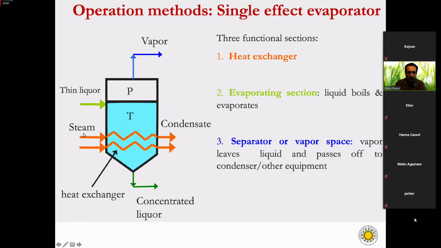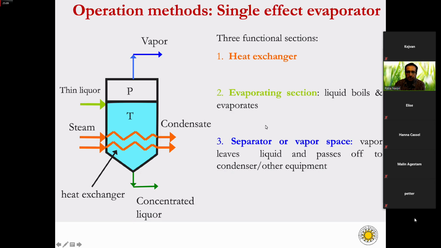And the steam, we use it at different pressures or different temperatures, and the steam condenses within the heat exchanger inside the evaporator, and when it gives out heat it becomes a condensate. So normally we have three functional sections within the evaporators. One is called the heat exchanger, where steam is supplied and it transfers heat from steam to the thin liquor.